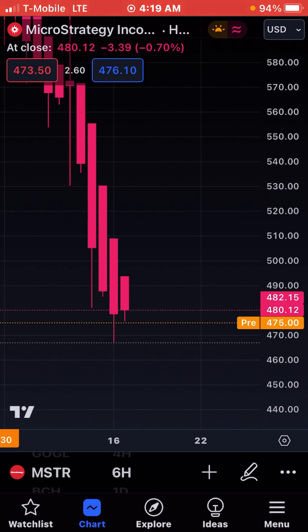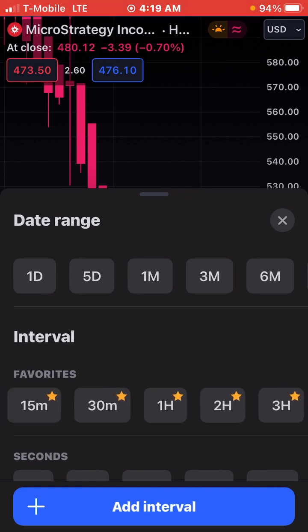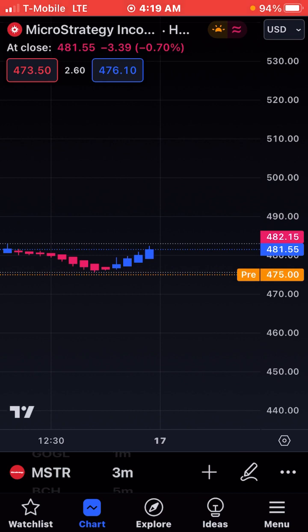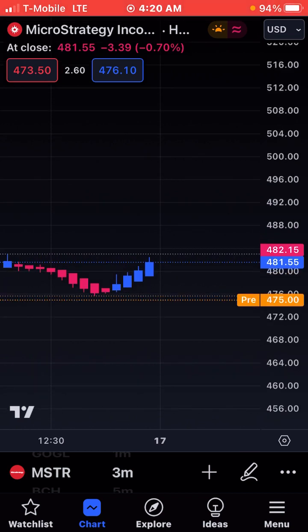So 2 solid candles going up before I make my move. And that's when I would come in. And then I would look at my candles on a shorter time frame, and I'd make my judgment there. But that's not what's happening right now.